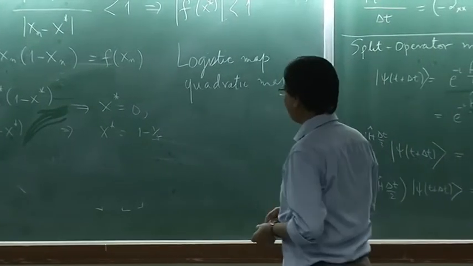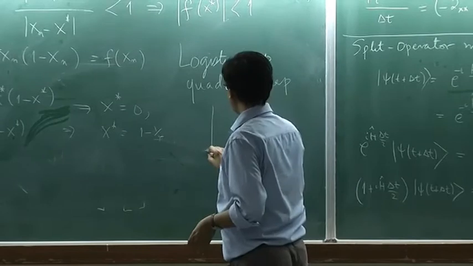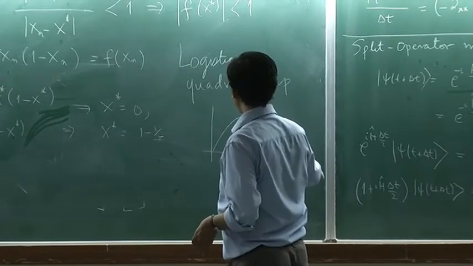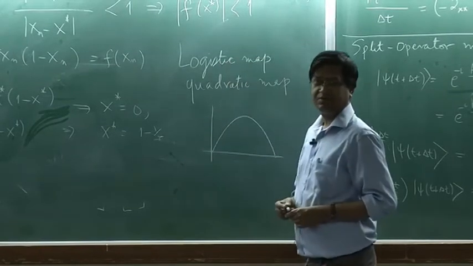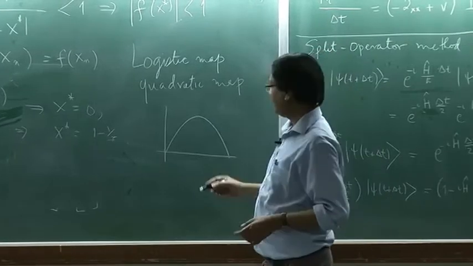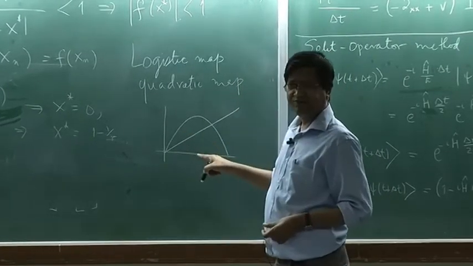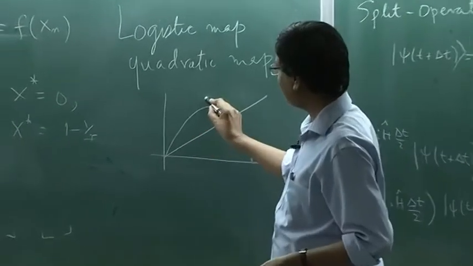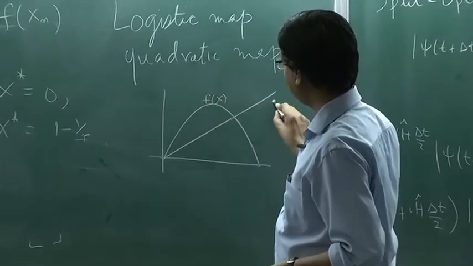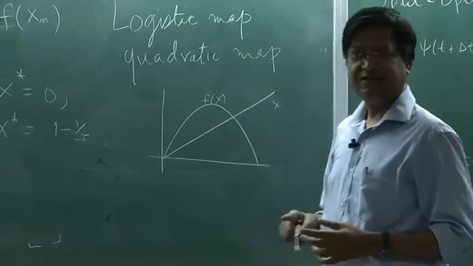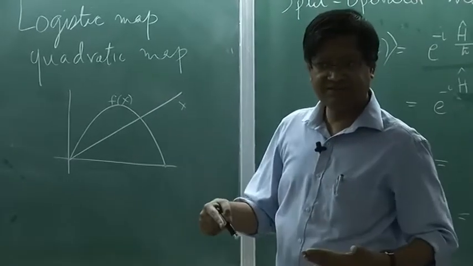In fact, there is a nice graphical way to see this. This map looks like that, and this is the line y equal to x. So this is f of x and this is x. The solution is when f of x cuts x.